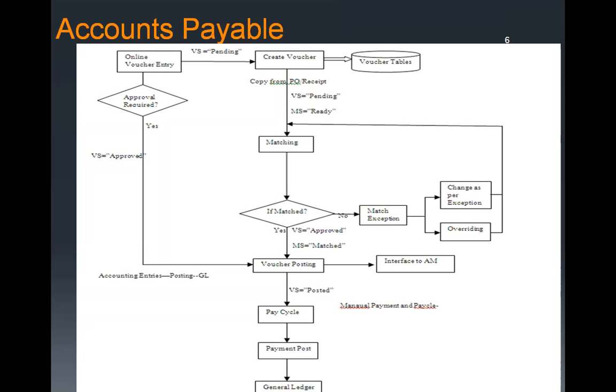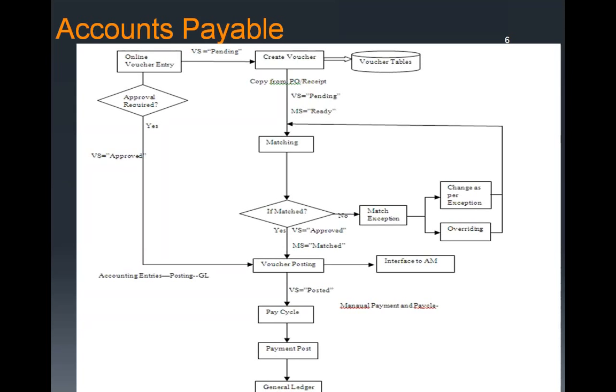Once the voucher is created, there is a matching process you are seeing in the diagram. What is the matching process? For example, in the purchase order you created a request for the vendor saying you want 2 refrigerators and 4 coolers or 4 fridges, and you mentioned the amount and everything.